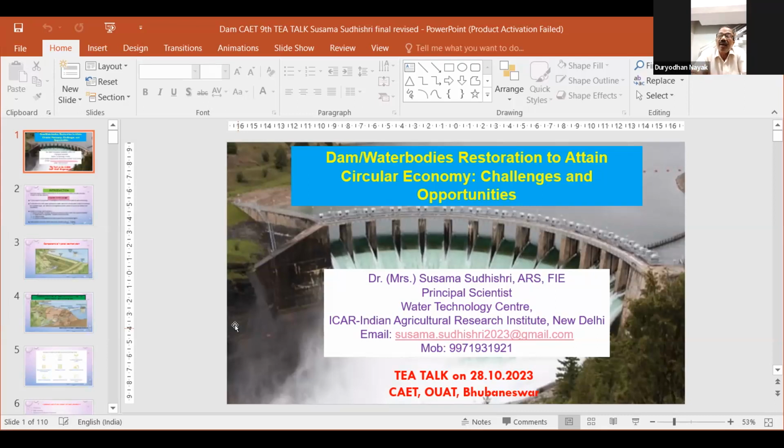Number 2, regarding desiltation. As our Dr. Debasmita told, she is correct. We cannot actually empty one reservoir, but there are so many options we have. Suppose during even high flood, we can evacuate some silts by making turbulence in the reservoir.